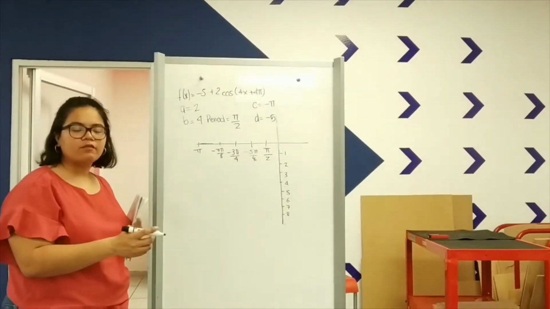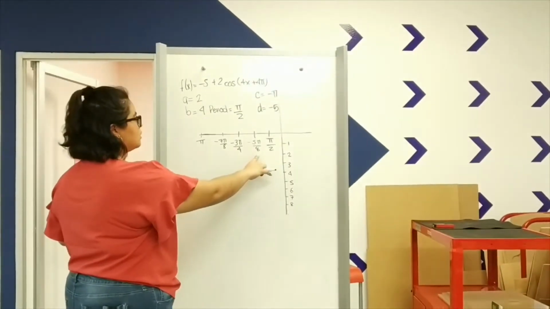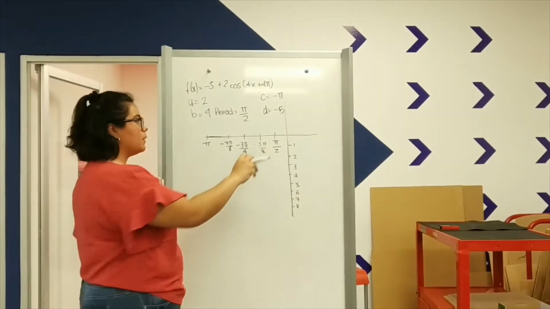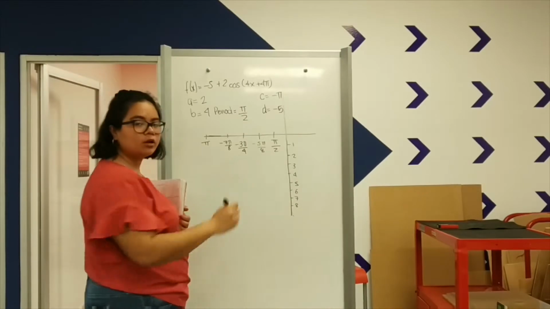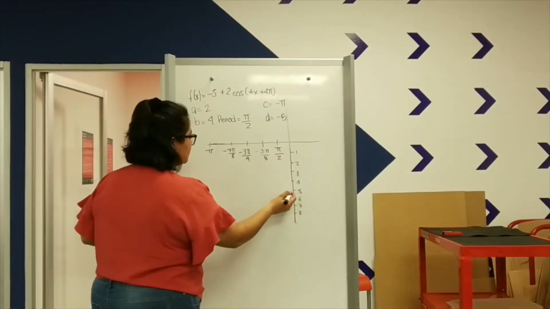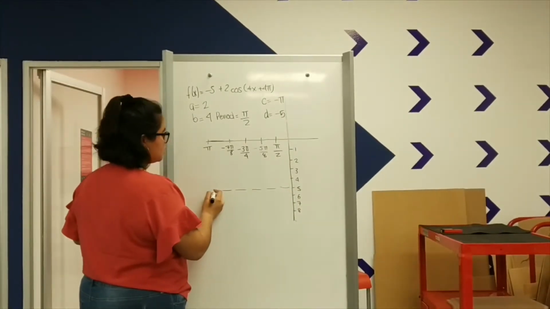Now we're gonna graph our function, and we put the key points in the graph, and now we're gonna go 5 down because of the vertical translation, that is -5. So we go to the -5, and this will be our vertical translation.